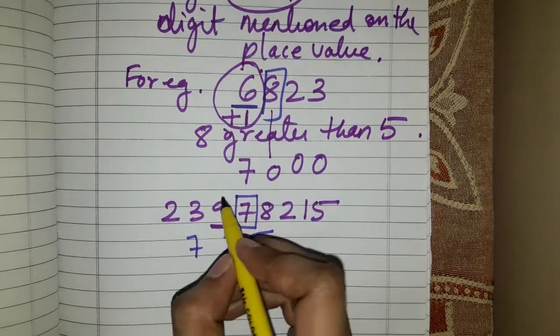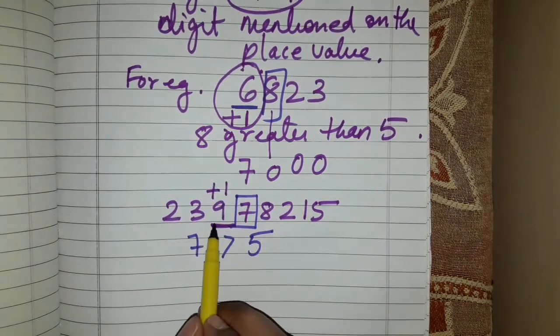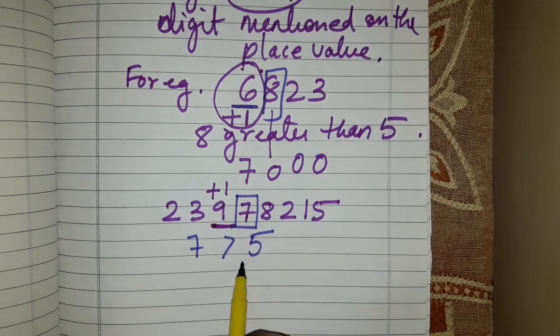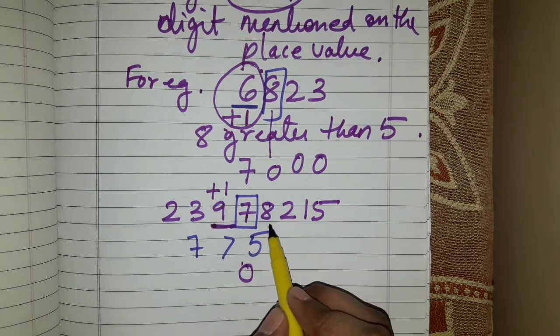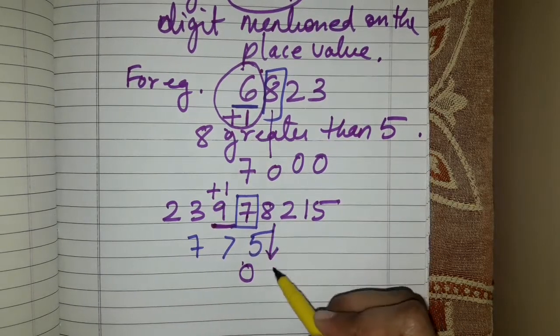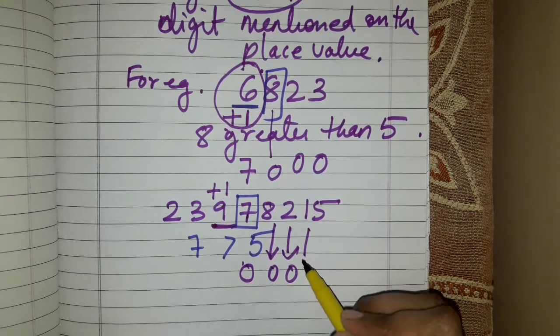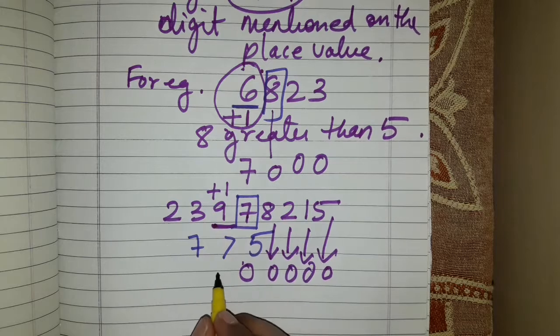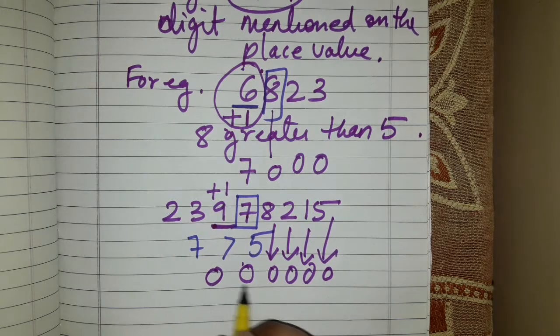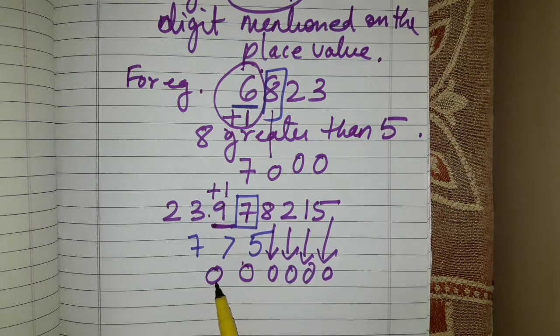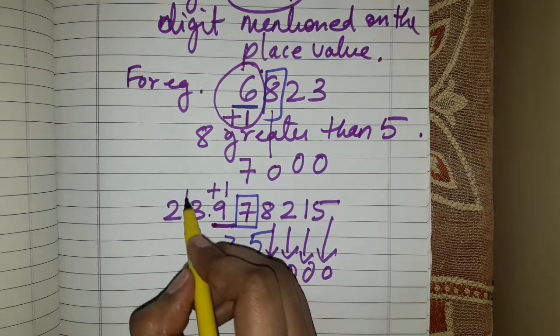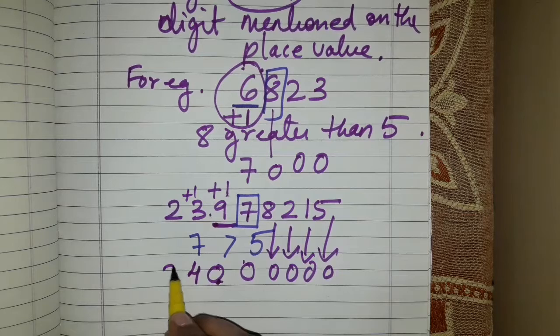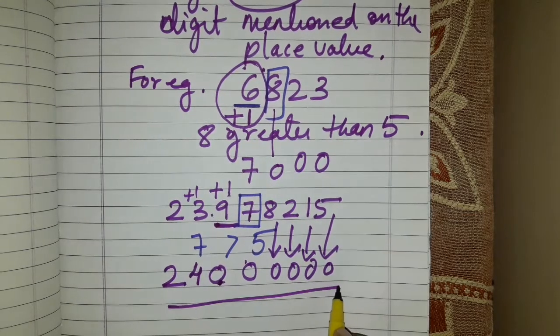It will give plus 1 to the digit mentioned on the place value, and it itself will become 0, and all digits after it will become 0. And after getting plus 1, this 9 will become 10. And as we do simple addition, 9 plus 1 gives you 10. So 0 will come here, plus 1 will go here, it will become 4, and this will become 2. So now this is your answer.